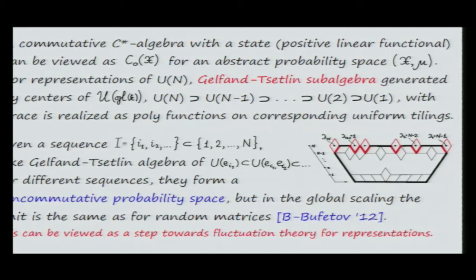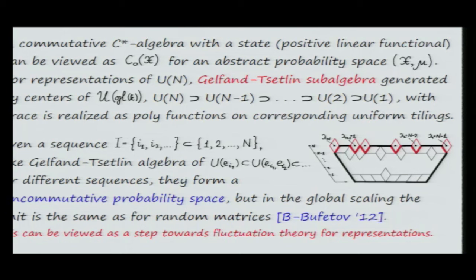So I mentioned that tilings of this form, they come from taking a representation and restricting it to smaller unitary groups. Right? Now, what's more, not only I have to do that, but I have to take the maximal commutative subalgebra in the algebra of operators generated by these groups. And then on that subalgebra, there is a trace of representation.